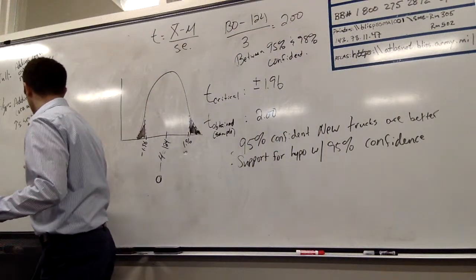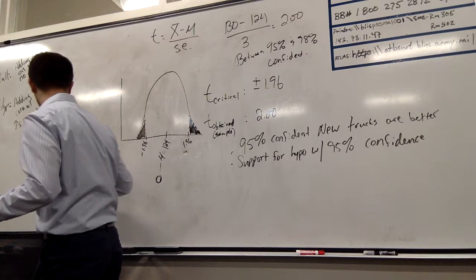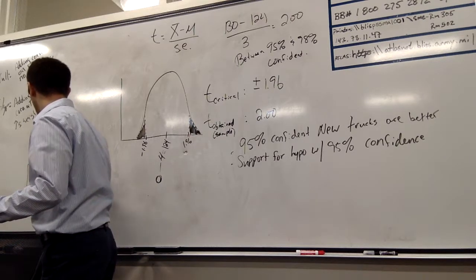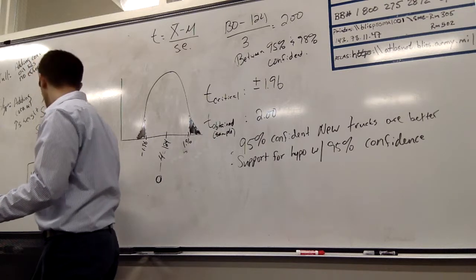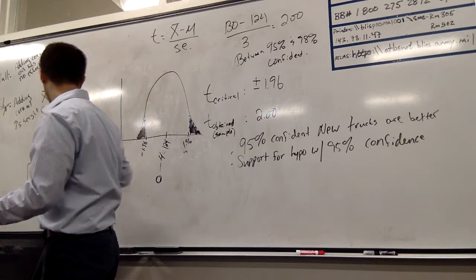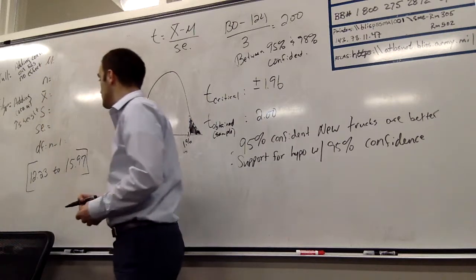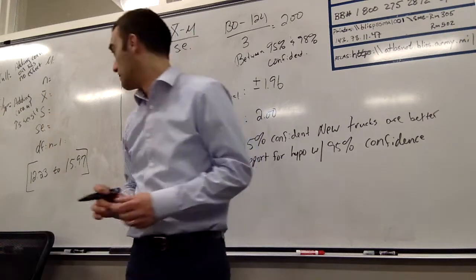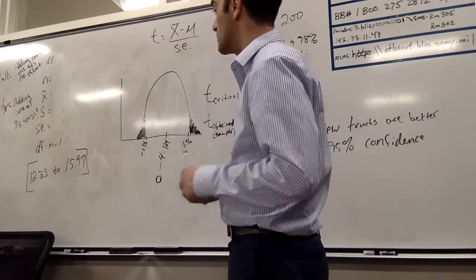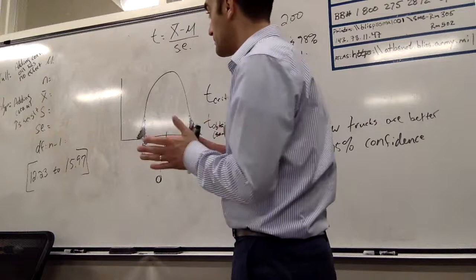In fact, the 95% confidence range was 12.23 pounds to 15.97. So just keep that in the back of your mind, that you were 95% confident that the weight gain was between 12.23 and 15.97.